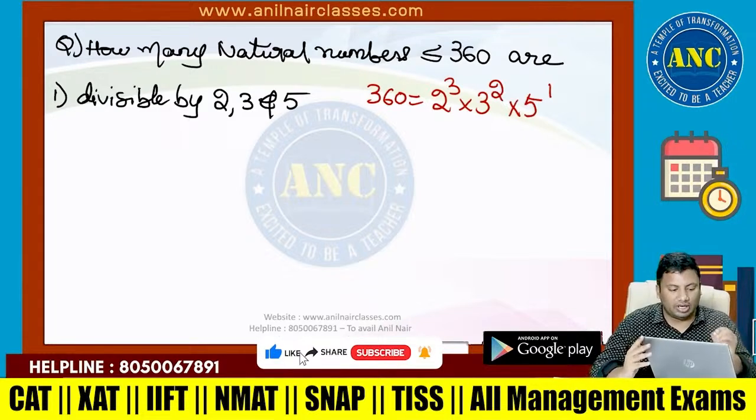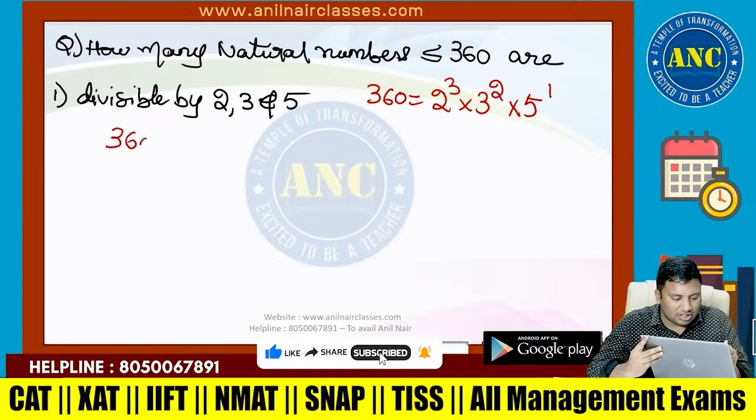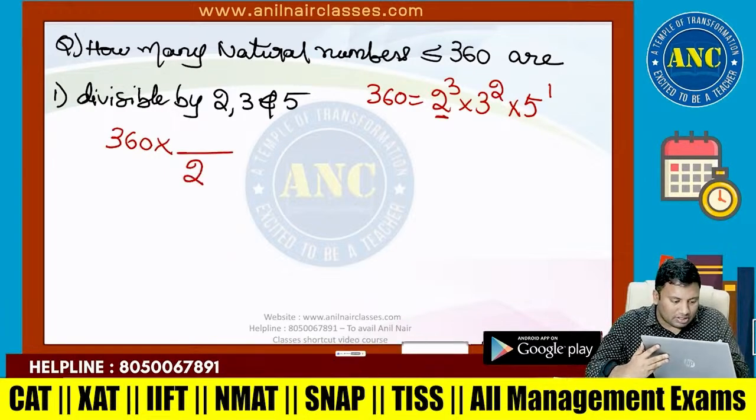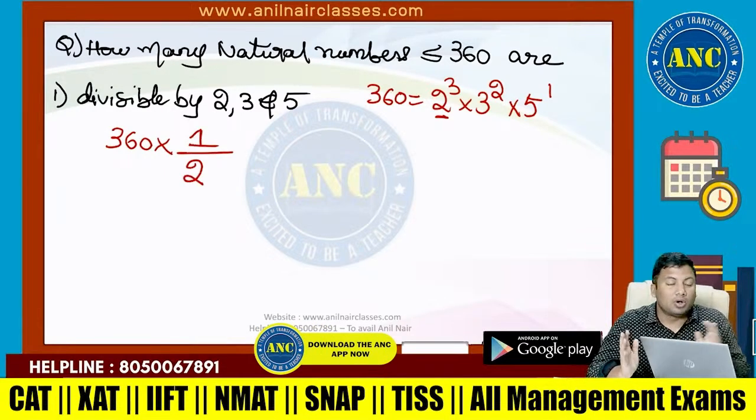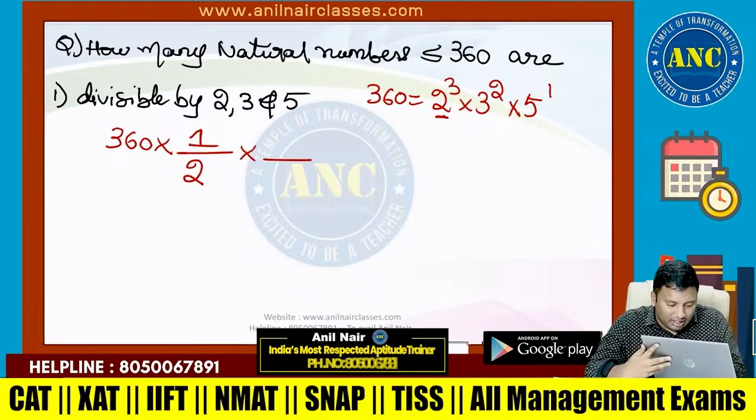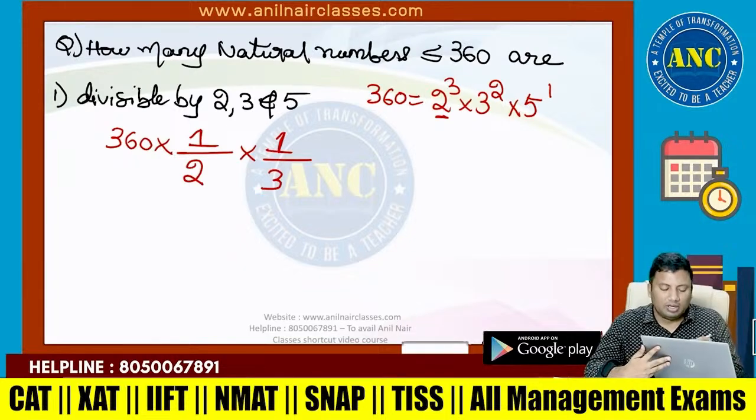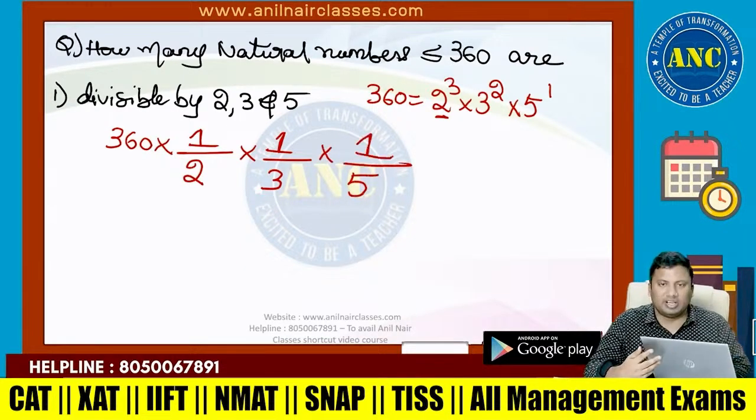Divisible by 2, 3, 5. Out of 360 consecutive natural numbers, for every 2 numbers, one number is divisible. The question is not about not divisible, the question is divisible. For every 3 consecutive numbers, one number is divisible. For every 5 consecutive numbers, one number is divisible.